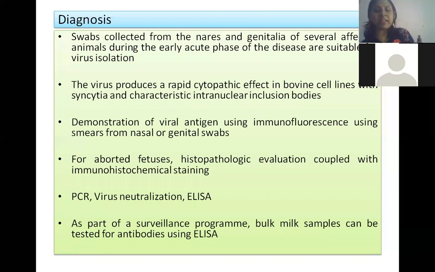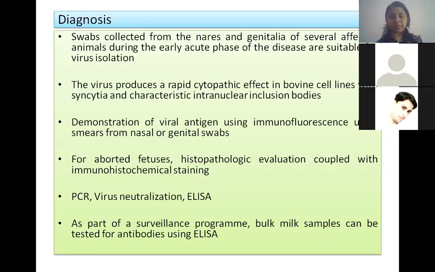Virus antigens can also be demonstrated by immunofluorescence in the nasal or genital swabs. In aborted fetuses, histopathological examination can be conducted, and by immunohistochemical staining, viral antigens are demonstrated. PCR, virus neutralization test, and ELISA are also used for the diagnosis.